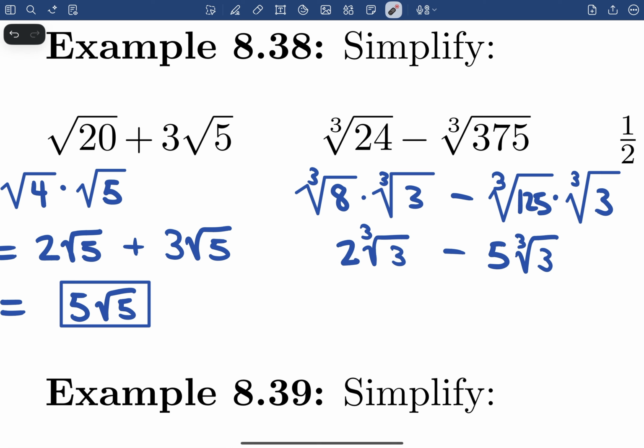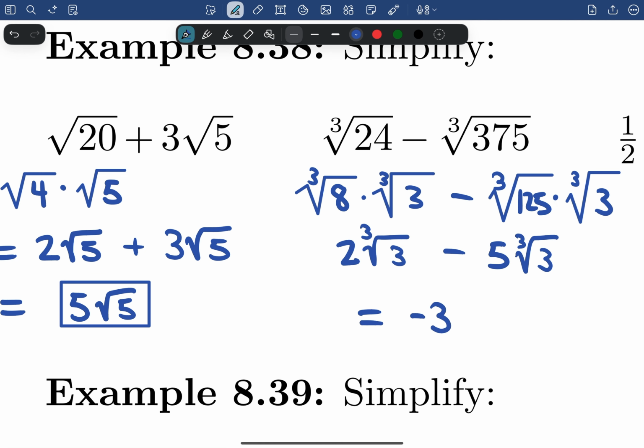I've got the same index and radicand for these two radicals. That means they're like radicals. So I take 2 minus 5, which gives me negative 3, and I multiply that by the like radical, the cube root of 3. Lots of 3's in my answer. Negative 3 times the cube root of 3. I love it.